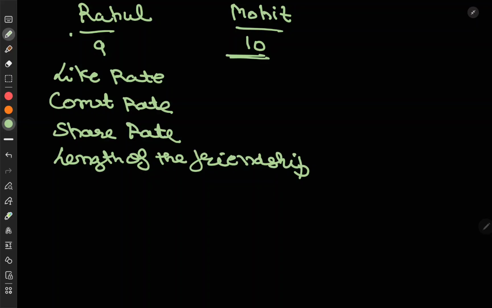Now, what does that mean? For example, if Rahul is liking 9 posts out of 10, the like rate is 0.9. Then the comment rate could be, let's say, 0.2, and the share rate could be really less, like 0.3.